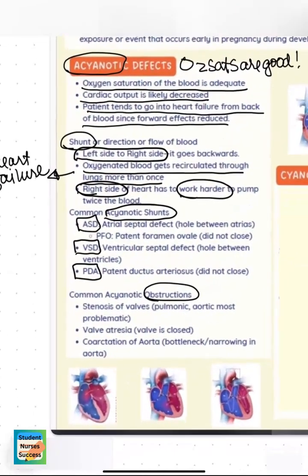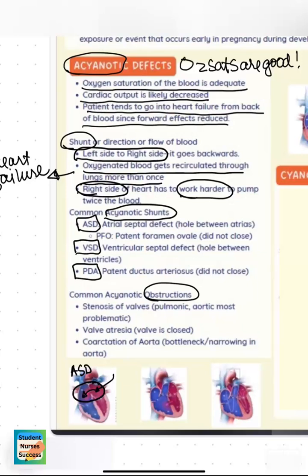So down here on our picture, you can see right here is an ASD, or an atrial septal defect. There's a hole between. So the deoxygenated blood is going through, it's going to the lungs, it's getting oxygenated, but the problem is when it comes back from the lungs into the left atrium, it's going to move back over and go through this right side again.